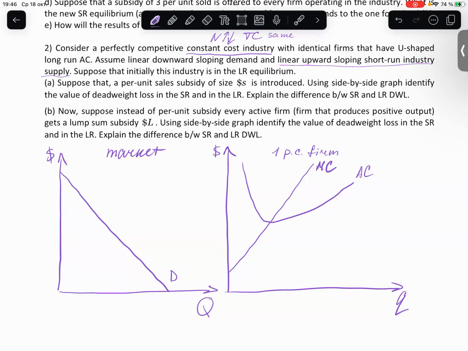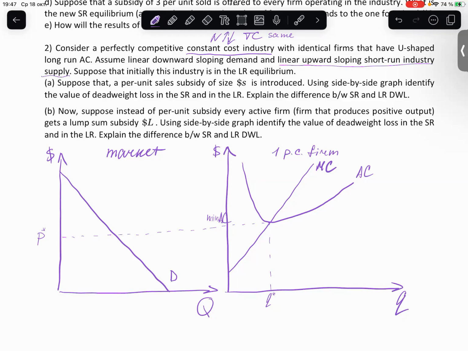What does that mean? That means that price will be equal to the minimum of average costs. Why? Because in the long run, profit of each firm is equal to 0. So this is the initial price in the long run, the minimum of average costs, and this is the quantity that one firm will produce in the long run.